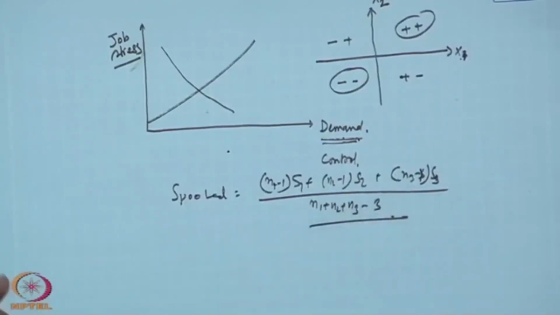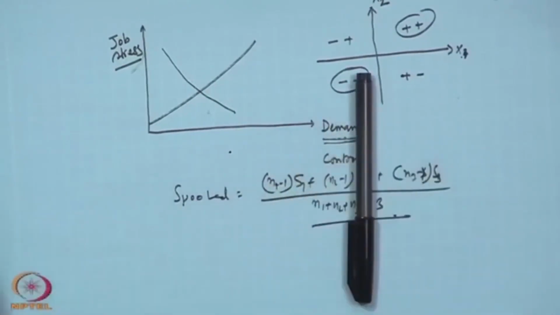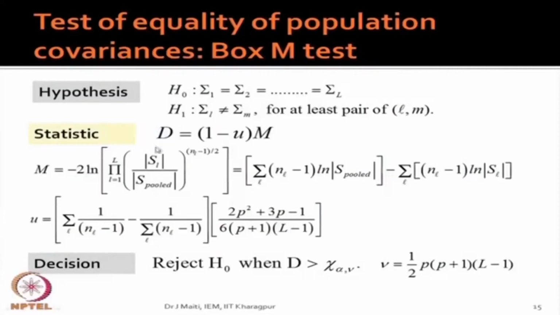So, that also you have to calculate, and then using this D statistic, which follows a chi-square distribution with nu degrees of freedom, where nu is 1 by 2 into p into p plus 1 into L minus 1, p is the number of variables and L is the number of groups or levels or populations.